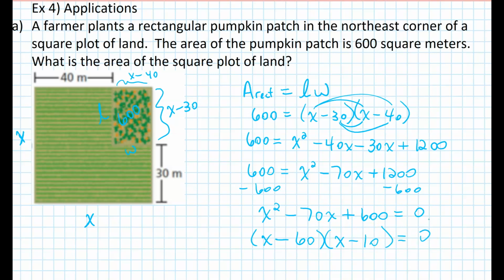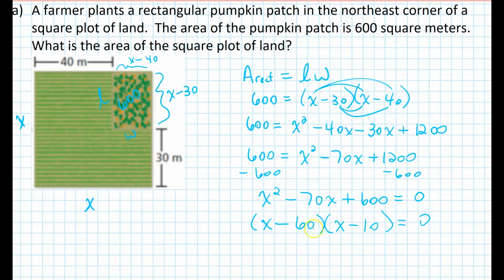Negative 60 times negative 10, does that give me positive 600? Yes. Negative 60 plus negative 10, is that negative 70? Yes. So what are my two x values? 60 and 10.